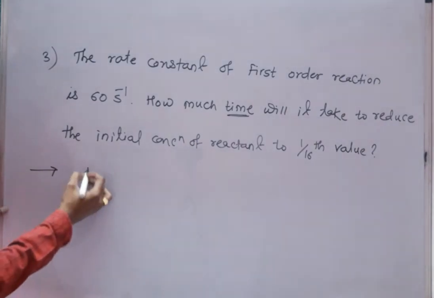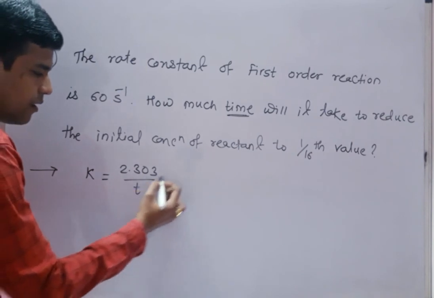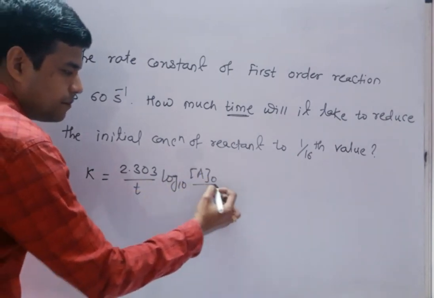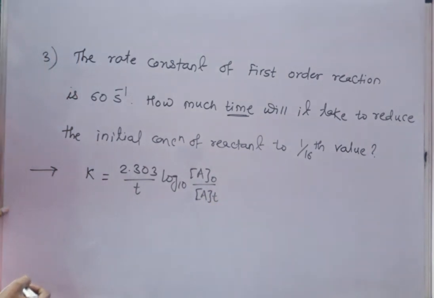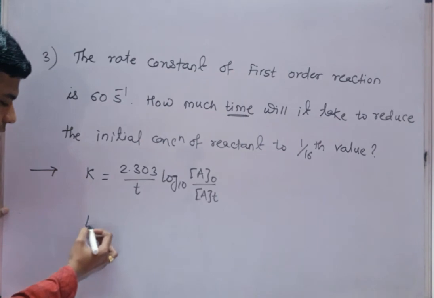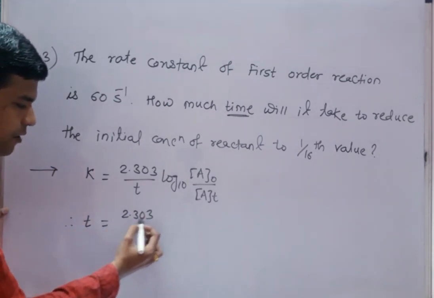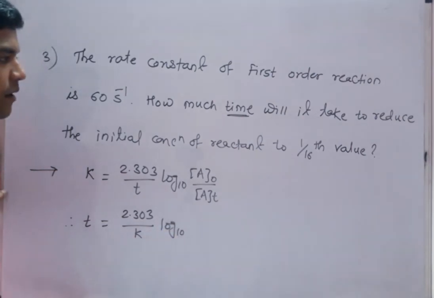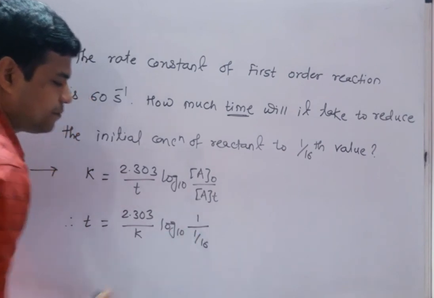You know, K is equal to 2.303 upon t log to the base 10, A 0 upon A t. Okay, so here time is asked, t is equal to therefore 2.303 upon K log 10 A 0, अगर आपने 1 लिया तो 1/16 ये रिड्यूस हो रहा है.